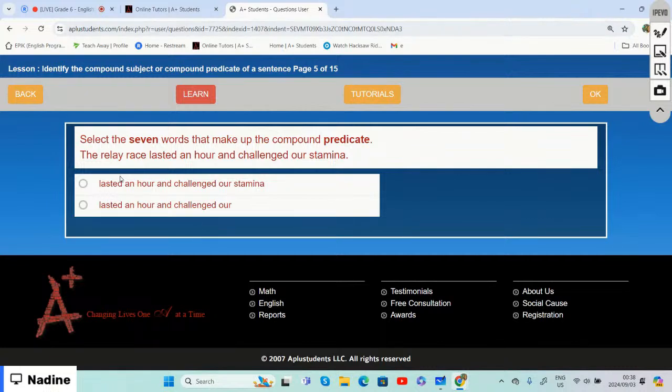All right, the next one. Select the seven words that make up a compound predicate. It says the relay race lasted an hour and challenged our stamina.